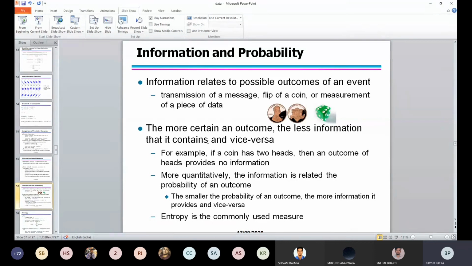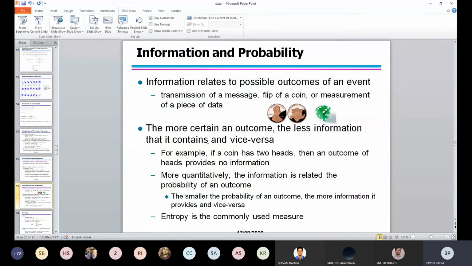So if there is more chance of a particular fact happening, then you will say you have more information. So if I say India bombs America, as you understand, what is the possibility of that?